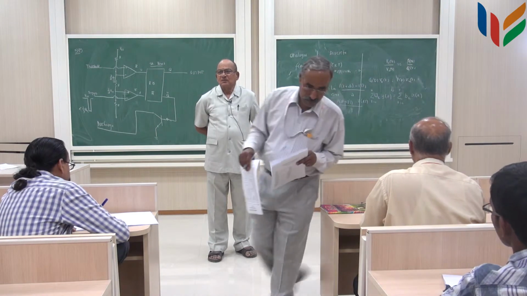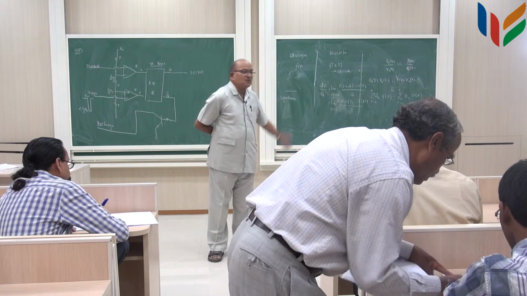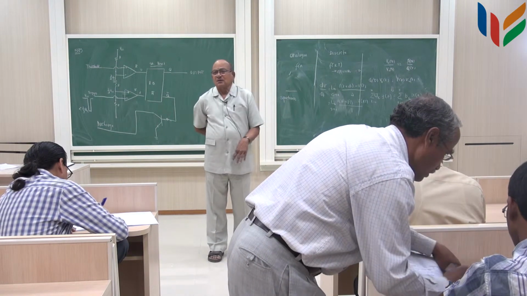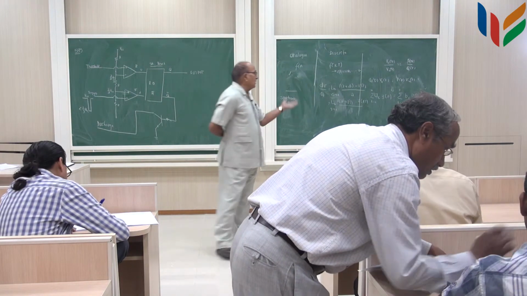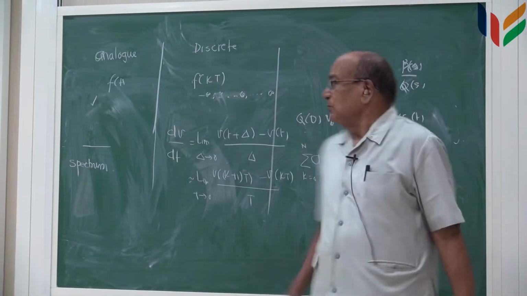Is it clear? It comes out to be that the differential equation, you substitute this kind of relation on this side, it comes out to be on this side output samples weighted average and the input samples weighted average.